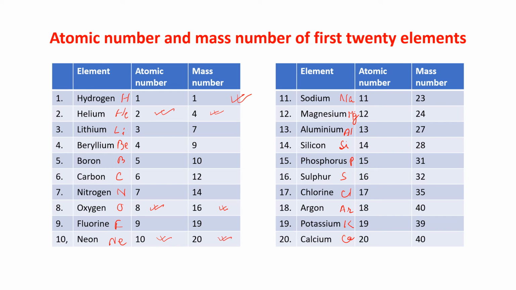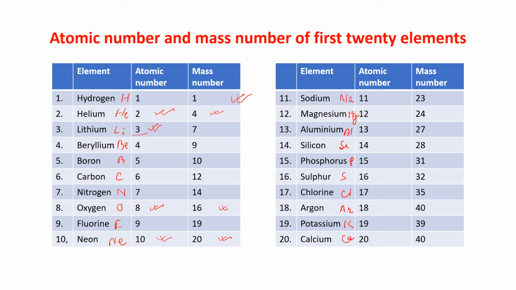Okay. Now, if the atomic number is an odd number, then the mass number will be double it and add 1. Double plus 1. Just see here. See for lithium, 3. Now lithium is 3, so just double it.